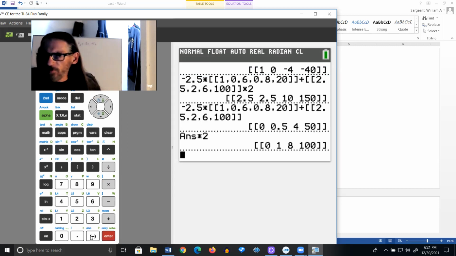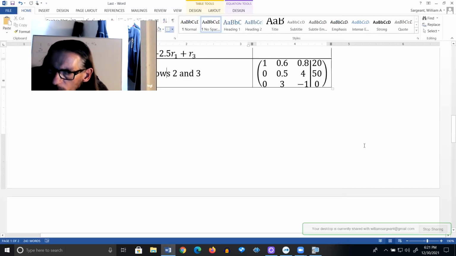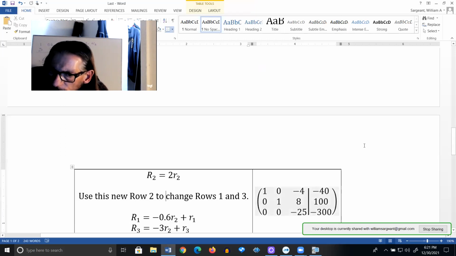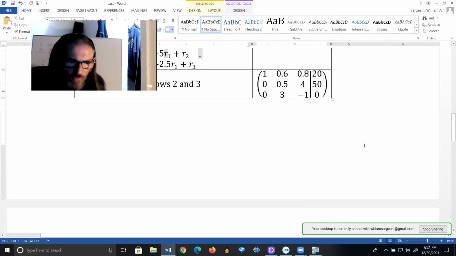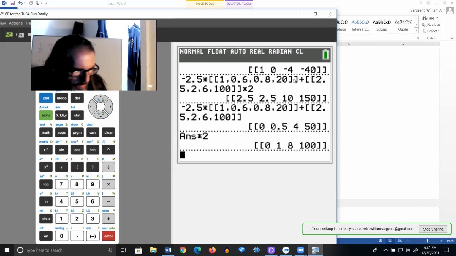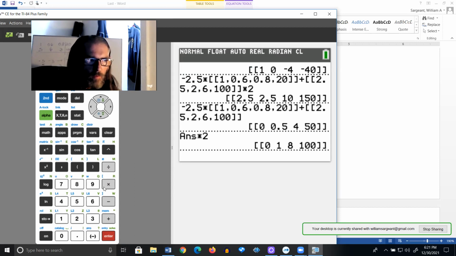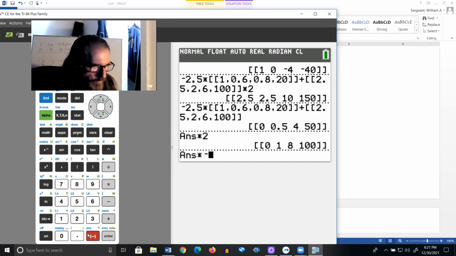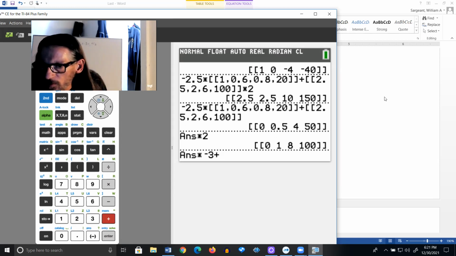Okay, so that was our current row 2. And we want to multiply that by -3 and add it to the following for old row 3 to get a new row 3.